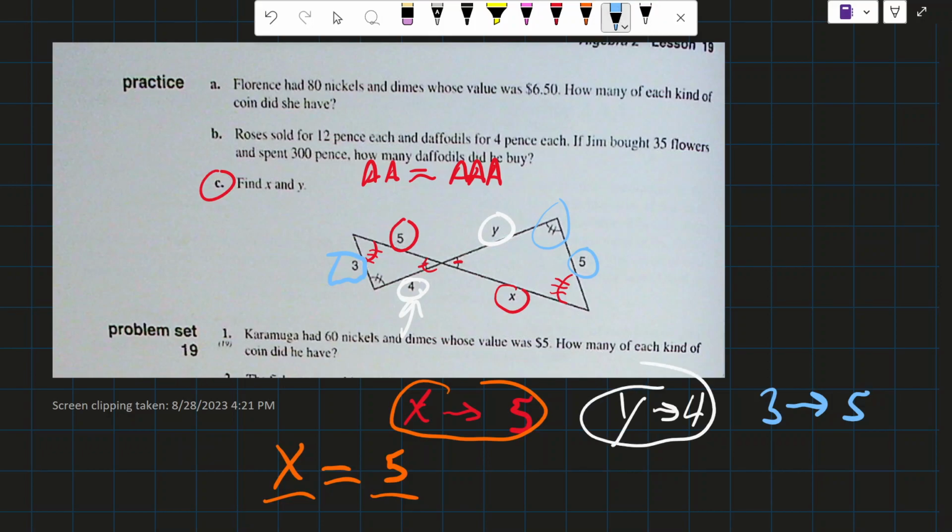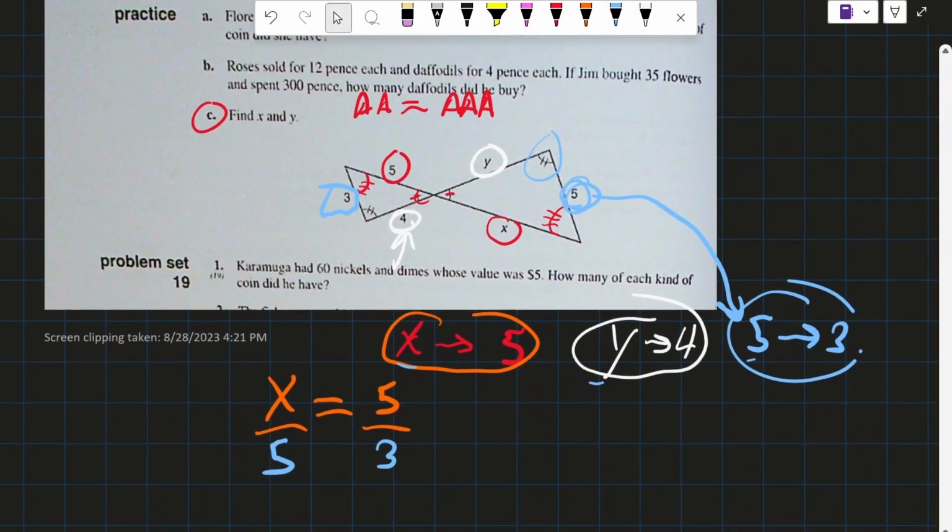But if I use the blue, the 3 and the 5, I really should have written the 5 first. Everybody see why? This 5 is on the triangle that has the x and the y, so I got the x first here and the y first here, so I'm going to put the 5 first here. So the 5 goes over here, and his partner is 3.